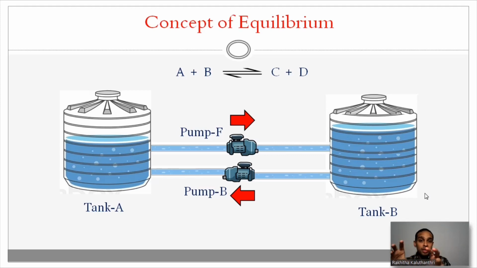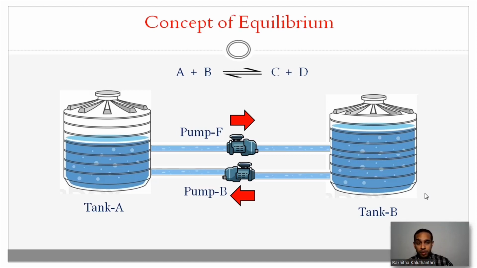As much as A and B get consumed to produce C and D, C and D will produce A and B back. So it keeps going back and forth, and the rates are the same. The concentrations of both reactants and products stay the same, and that is referred to as the equilibrium state.